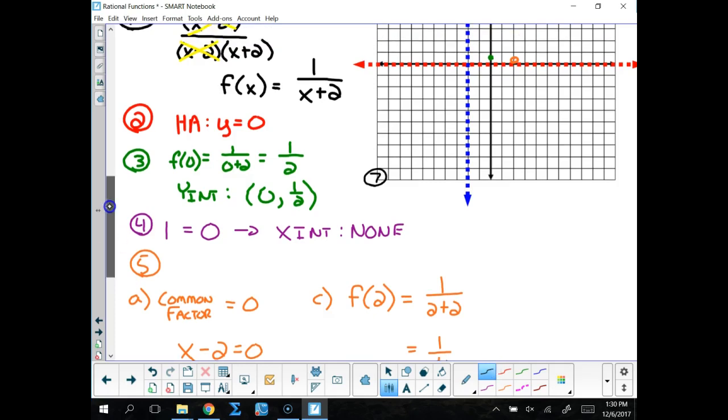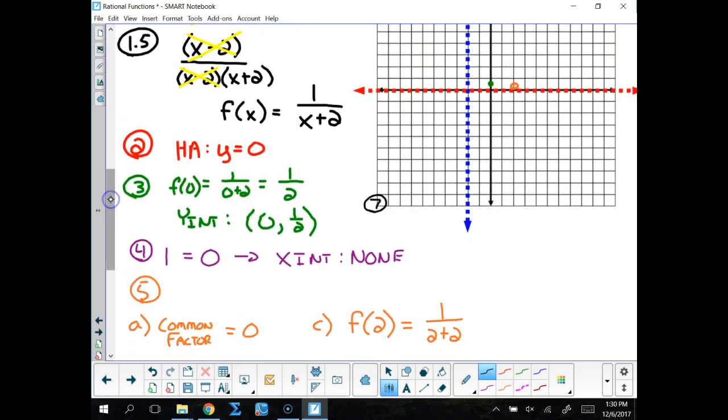Step 7 says I got to find some more points to fill in. So, over here, let's go with -3 and -10. If I put -3 into my function, I've got 1 over -1, which is -1.